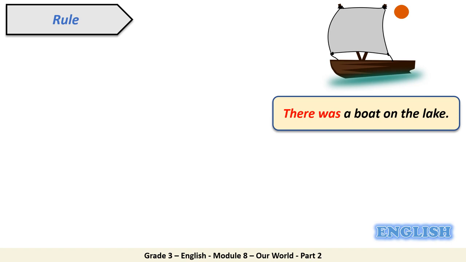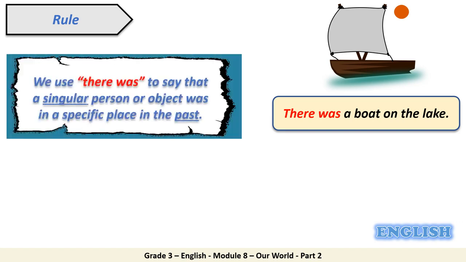We use it to talk about an object that is singular. And most importantly, there was is used to talk about the past. Therefore, the rule will be, we use there was to say that a singular person or object was in a specific place in the past.